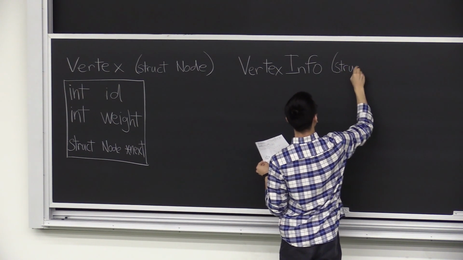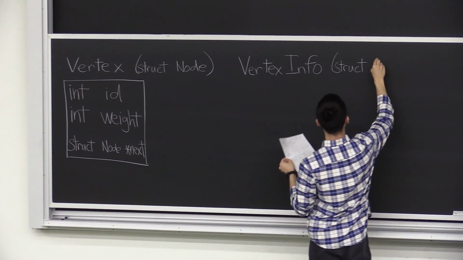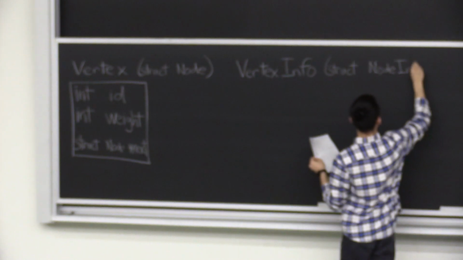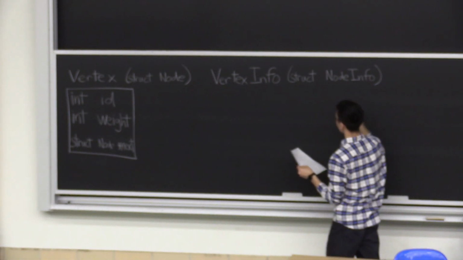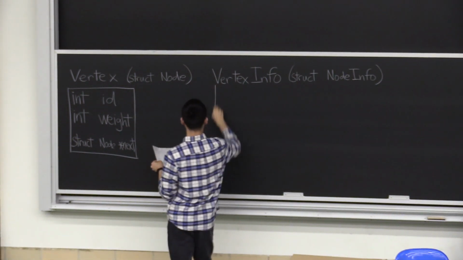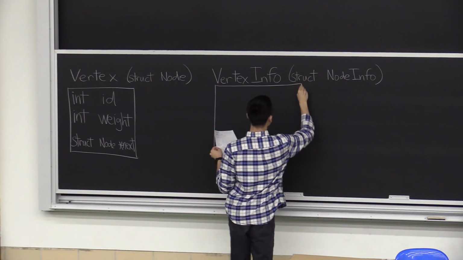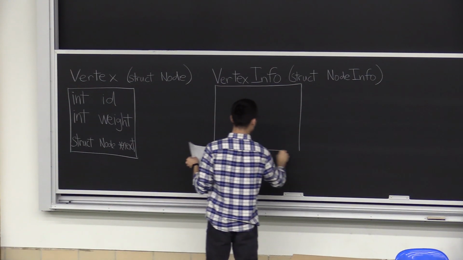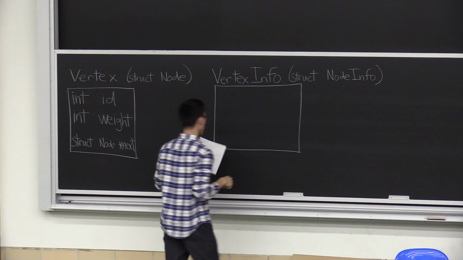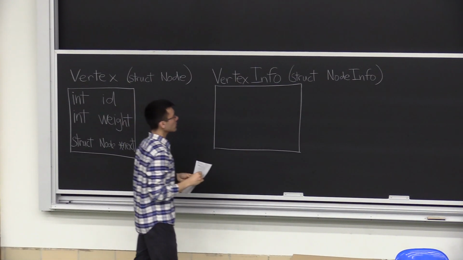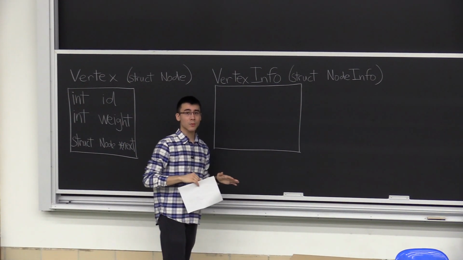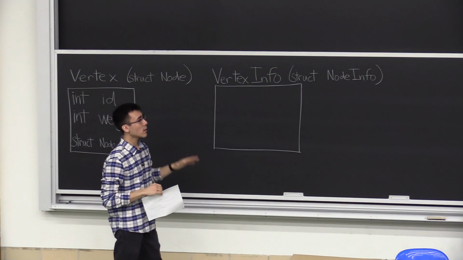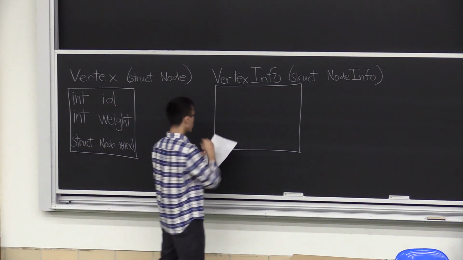And that's again going to be a typedef that corresponds to a struct node info. And this structure is going to hold some other information that I'd like to keep track of with this vertex. Specifically, this is going to have to do with depth-first search that we'll do in a little bit.